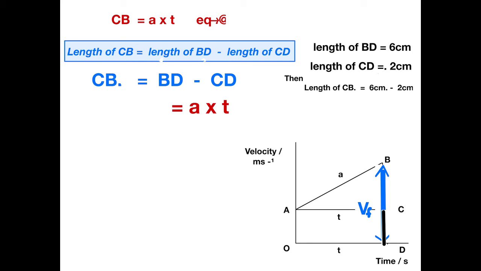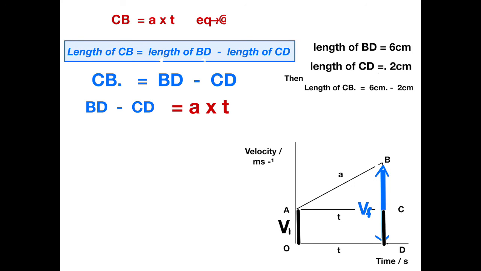Consider the equation CB equals at. Now we are going to substitute the CB and put BD minus CD in place of CB in this equation. So the equation will be now in this shape. Now what is BD? BD represents VF, meaning the final velocity. And what is CD? If you look at CD, this is equal and parallel to OA.